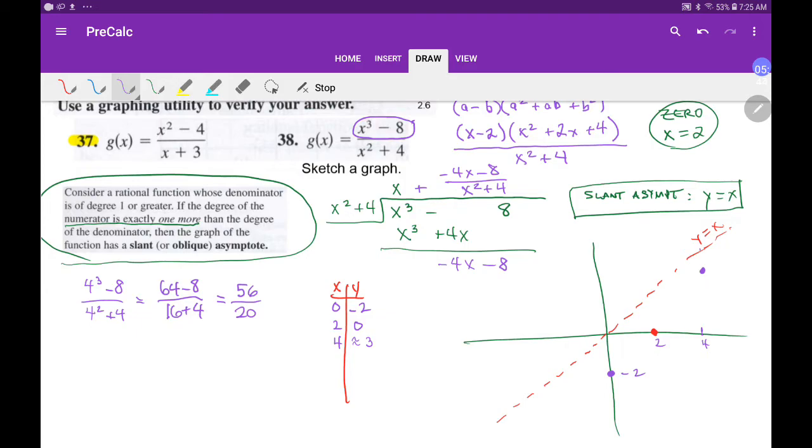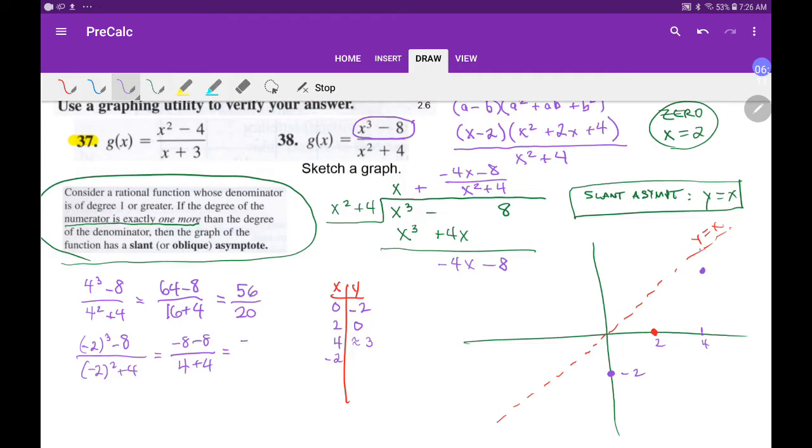Okay, let me go the other direction. Let me say -2. What's happening when we're at -2? And let's see, -2 to the third power minus 8, over -2 squared plus 4. So we'll say, well, let's see, that's -8 and -8, and +4 and +4.